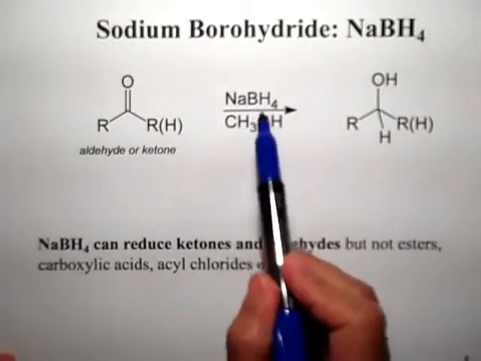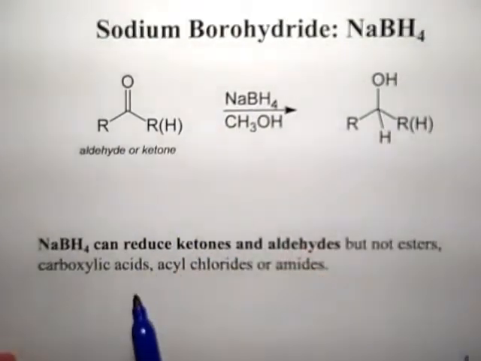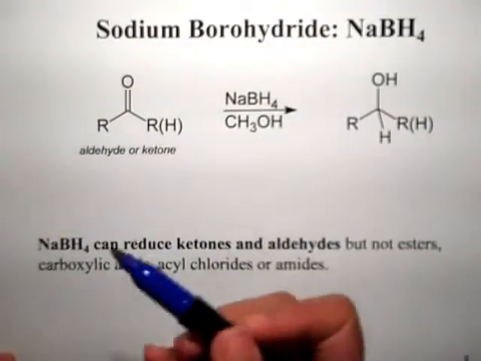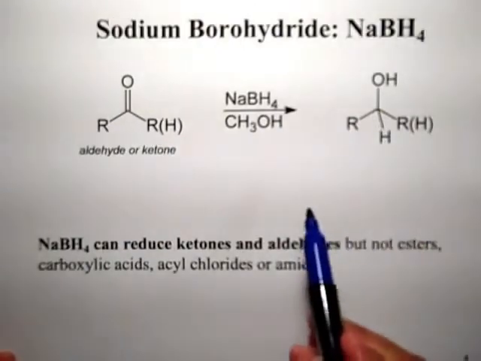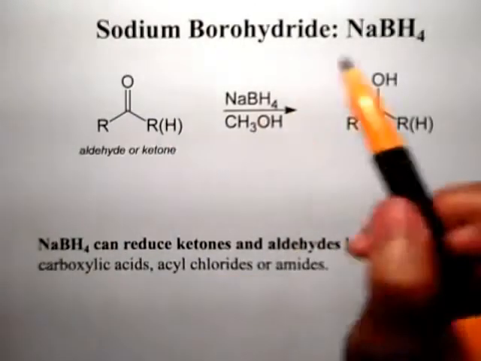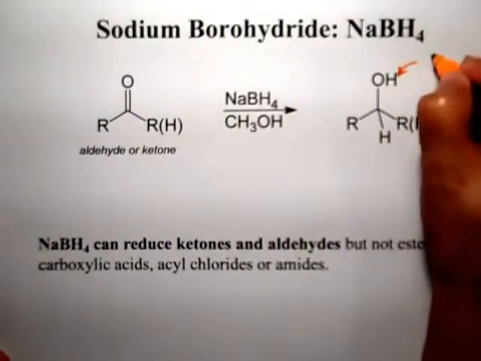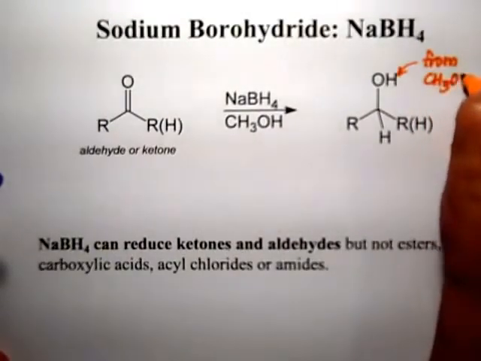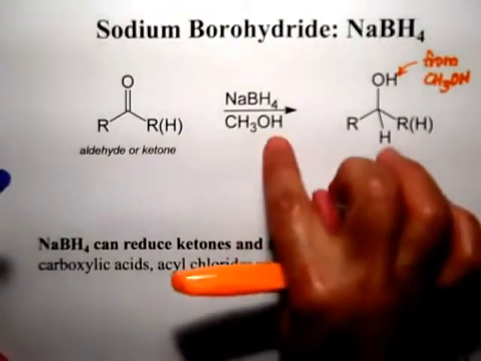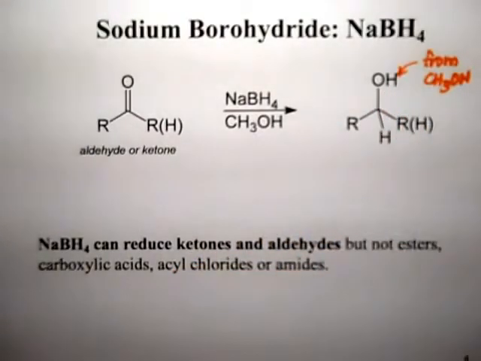Sodium borohydride can be used in an alcohol, and we see exactly the same thing. The hydride is going to be attached to the carbon, and this hydrogen right here came from the alcohol. So whatever alcohol you're using, it's going to provide the hydrogen that goes on the oxygen.